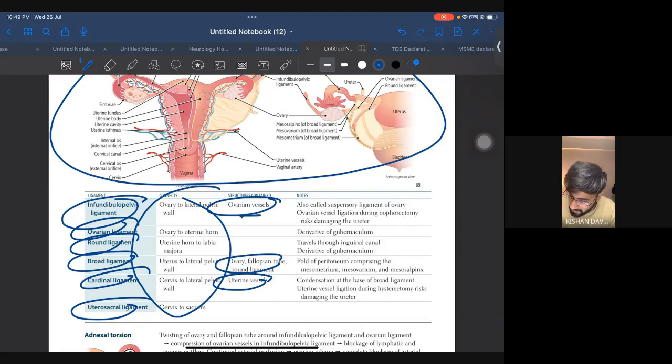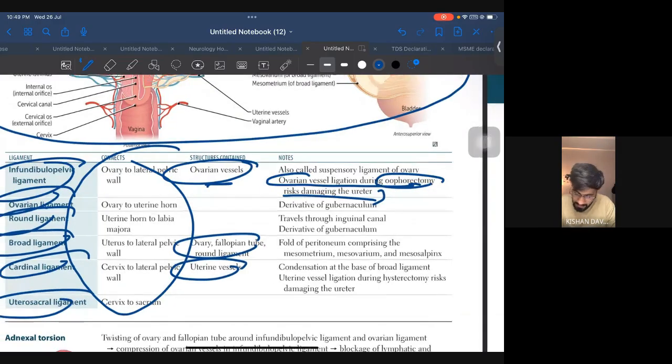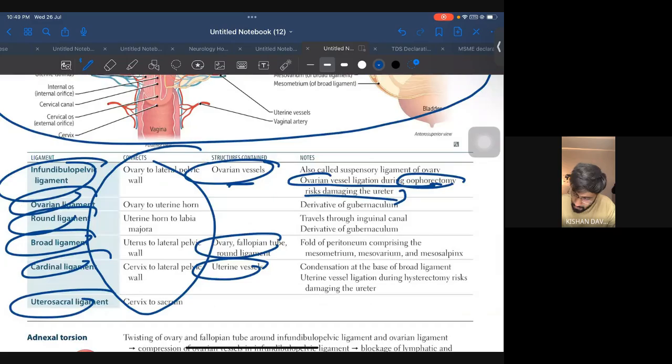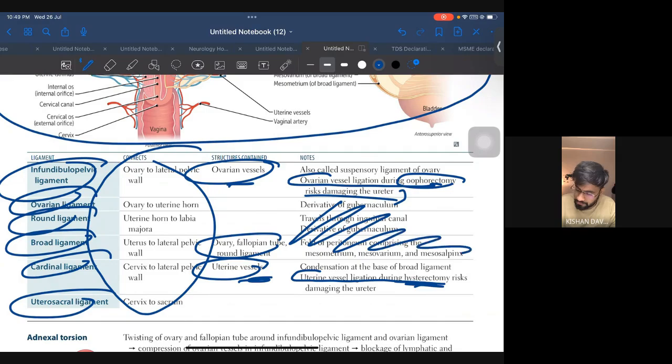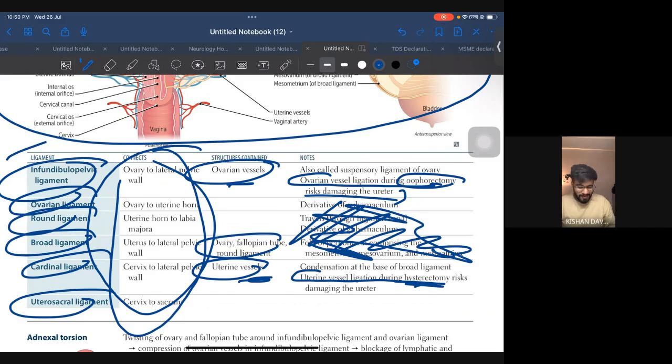So they will say that ovarian vessel ligation during oophorectomy risks damaging the ureter. Similarly, uterine vessel ligation during hysterectomy, they will ask you. The rest you can leave, not necessary. Remember the ligament, remember what it is carrying, and remember the vessels.